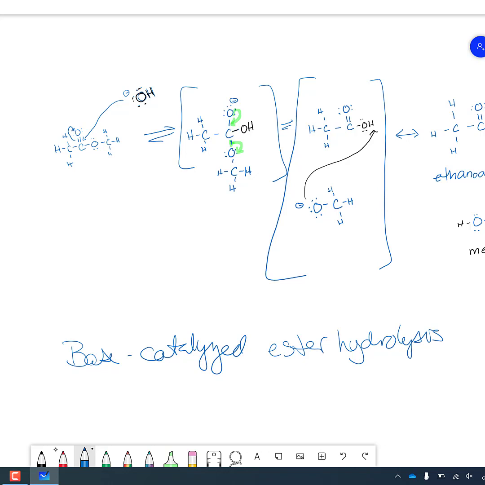Again, if we leave this in solution long enough, it is possible for this carboxylate ion, in this case ethanoate ion, to work with water to fill in that negative charge to bring on a hydrogen to become the full carboxylic acid. That is possible.